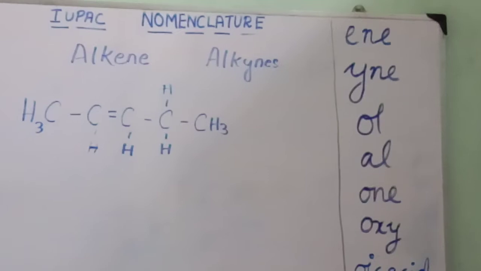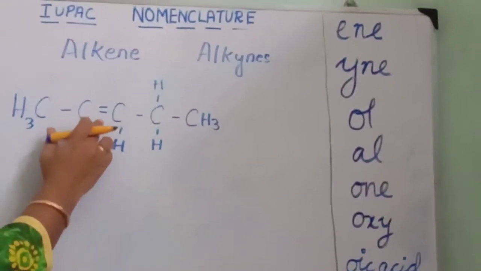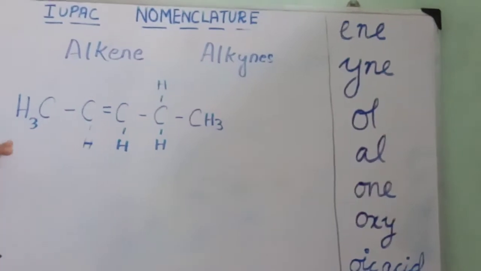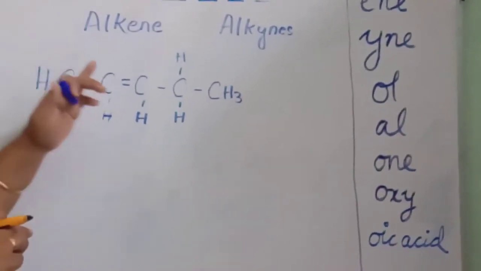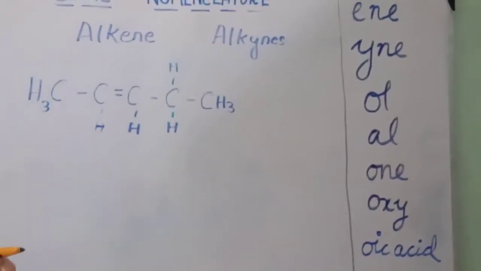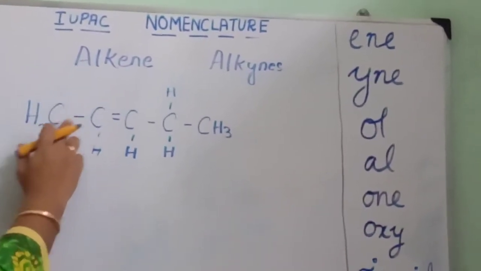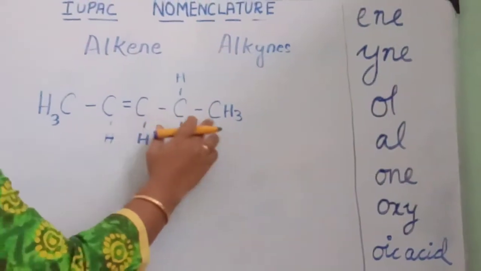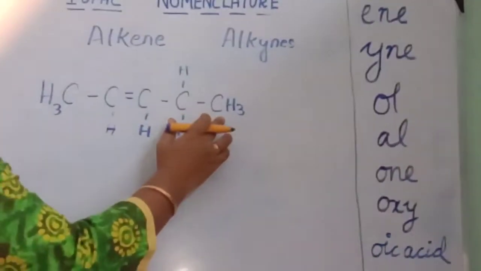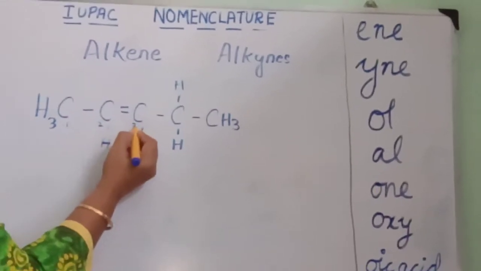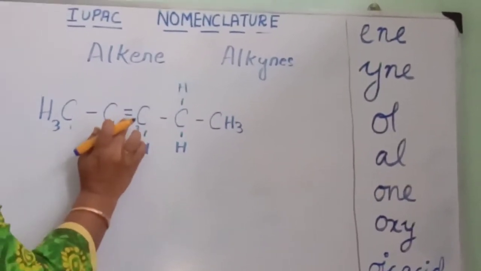How to name a compound which has a double bond? We have to number the carbon in such a way that the double bond gets the least number. For example, if I start from here, 1, 2, 3, 4, 5. That is why I have taken a 5 carbon compound. If I start numbering from here, 1, 2, 3, the second number can be given to the double bond.